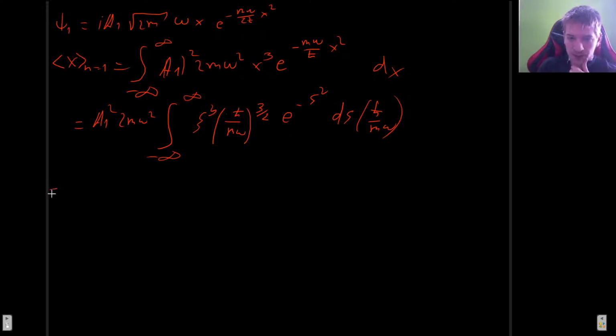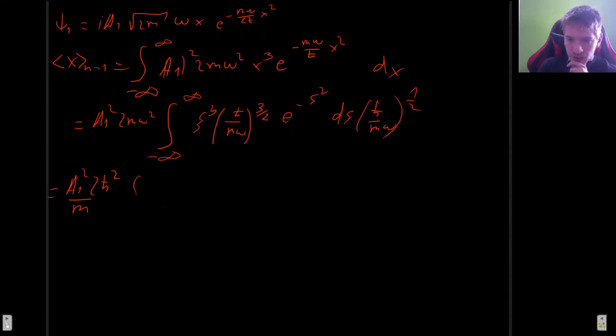So what we will get now is a1 squared 2m omega squared times h bar over m omega, all of this squared. So here, this omega squared will cancel out this right here, and this m will cancel out this squared on this other m.